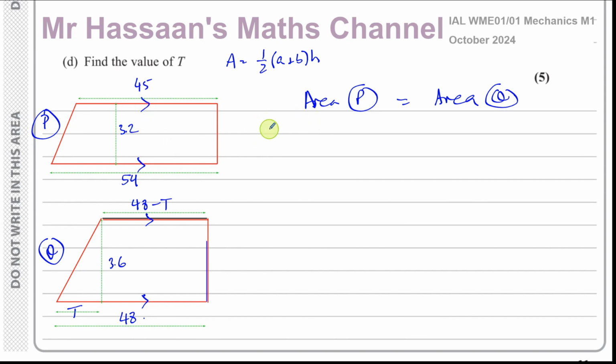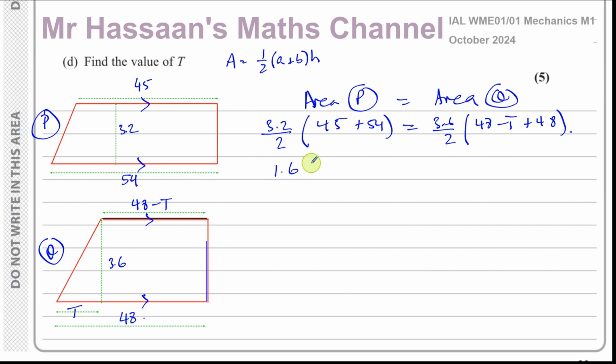So we can say that we have 3.2 over 2, that's half of the height, times 45 plus 54, is equal to, for this one, 3.6 over 2 times 48 minus t plus 48. Okay, and that will give you your answer.